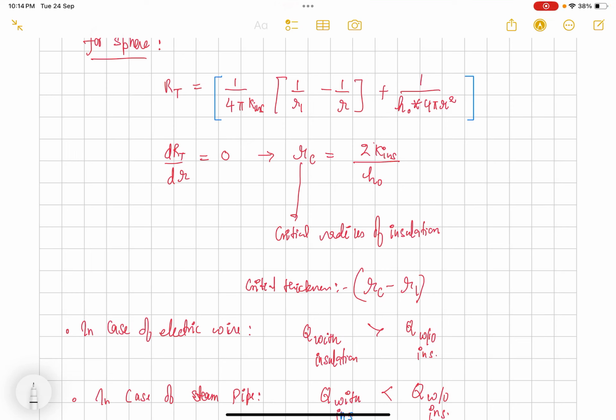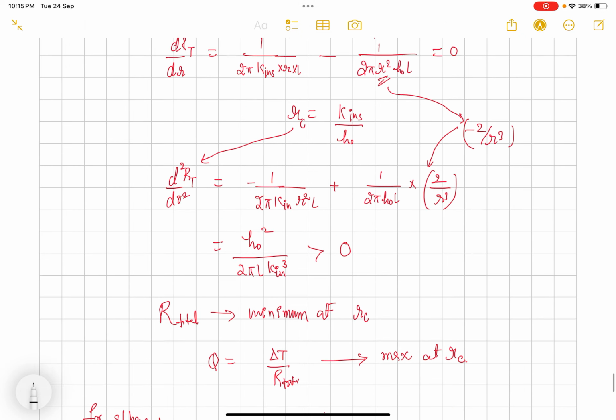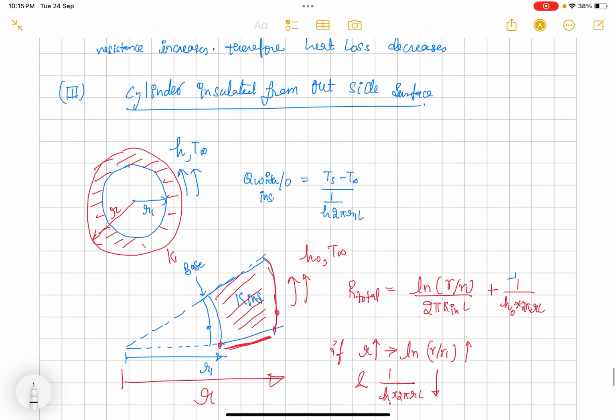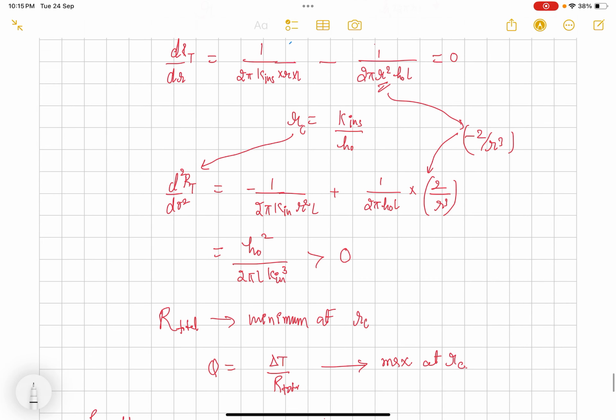Greetings all. So up till now we have studied the critical thickness of insulation for cylinder and sphere, and we have also derived the relation for them. So this is the critical radius of insulation for sphere, and for cylinder it was h0 by k insulation, h0 for cylinder.